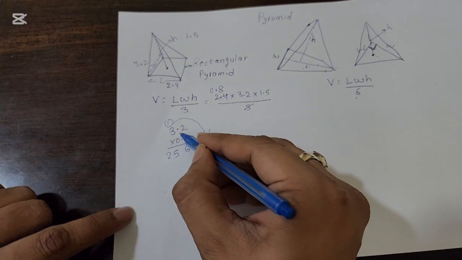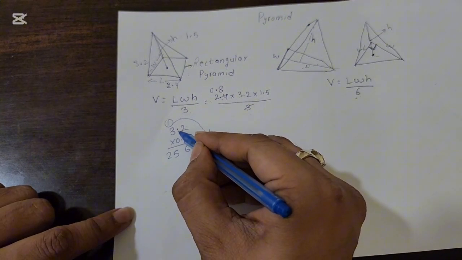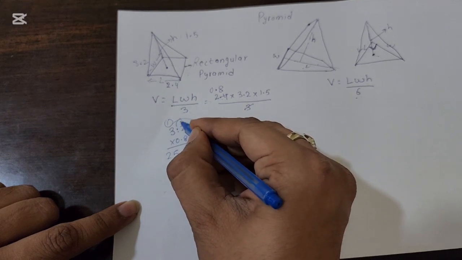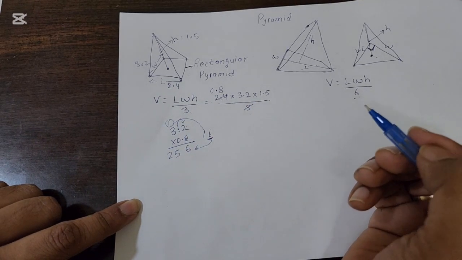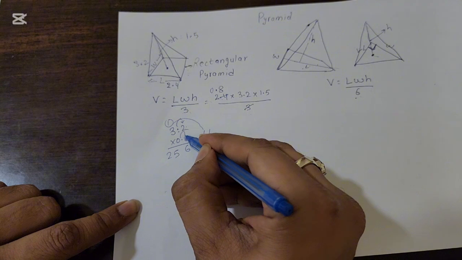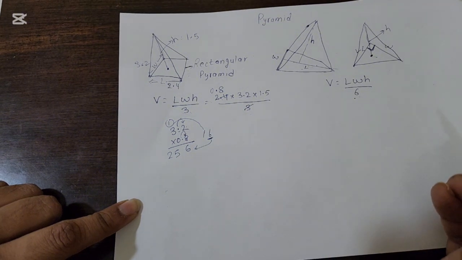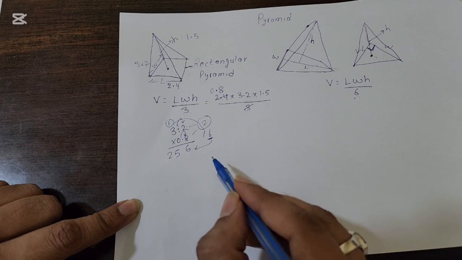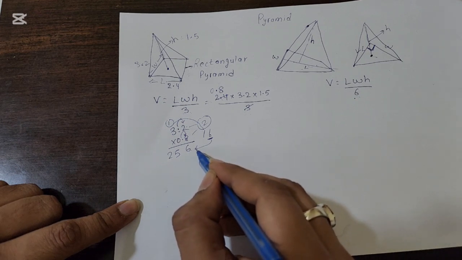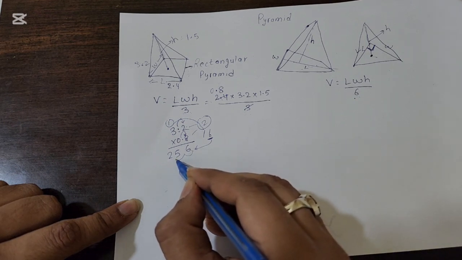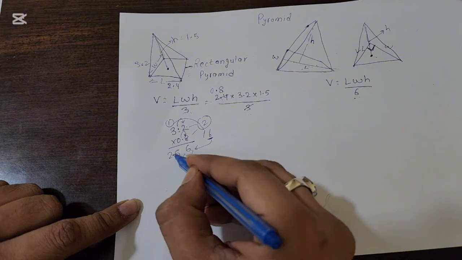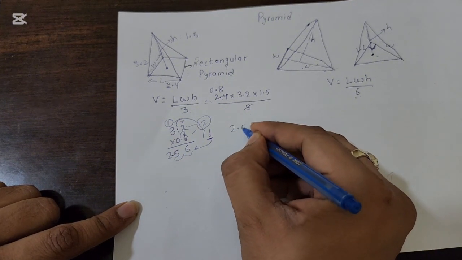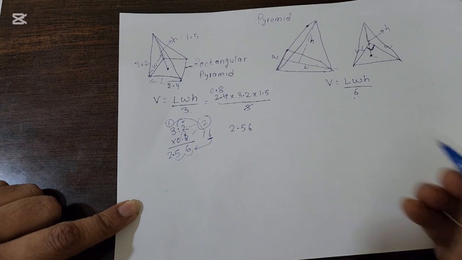To understand it, just count how many numbers after the decimal. Here after the decimal, one number. Yes, here after the decimal, one number. So in total, 2 numbers after the decimal. So in the answer also, from the right side, jump 2 numbers and put the decimal. So this will become 2.56. Now we have to do 2.56 multiply 1.5.